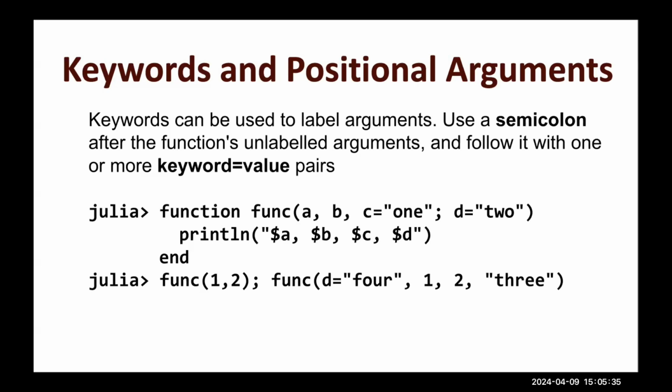This keyword argument could be anywhere. You can put it at the very front or the very end, as long as whenever you want to set a value for D, you set D equals something. That's required. But by doing that, you don't need to worry about the position anymore. It's kind of like keyword arguments in Python as well. Even if you mess around with the order, the function itself understands which value is pointing to which particular input argument.